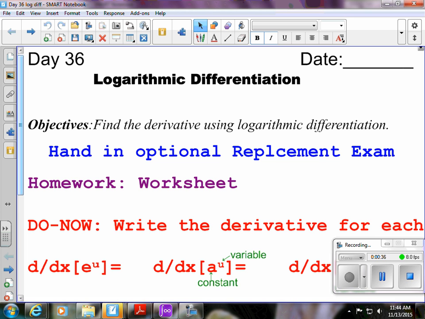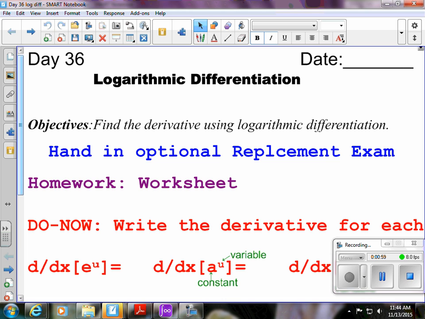You won't have to apply them, you're just going to have to know them. It's going to be on all the differentiation rules that you're going to learn up through Monday, because on Monday, you're going to learn the derivatives of the inverse trig functions.